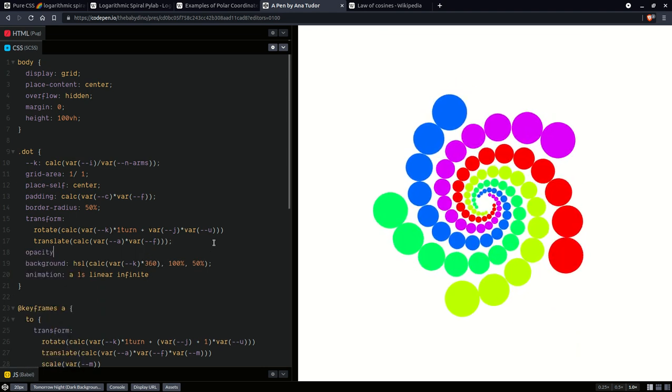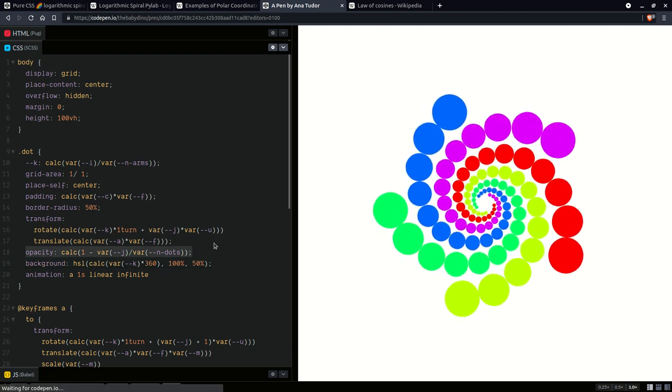So let's say that here we have opacity, right? And it's going to be calc 1 minus j over the number of dots, right?